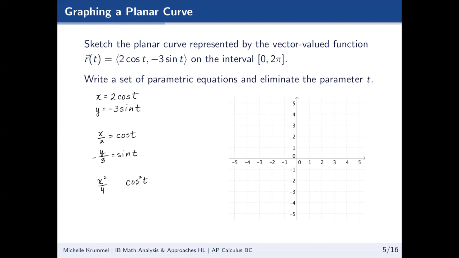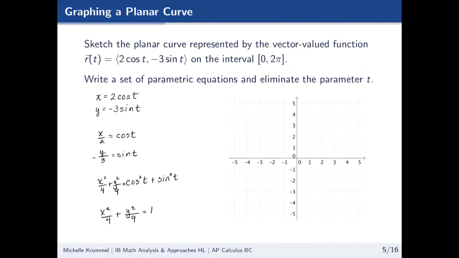I'm going to add those left-hand sides. So x squared over 4 plus y squared over 9 equals cosine squared t plus sine squared t. And of course, we know cosine squared t plus sine squared t is equal to 1, leaving us with x squared over 4 plus y squared over 9 equals 1.